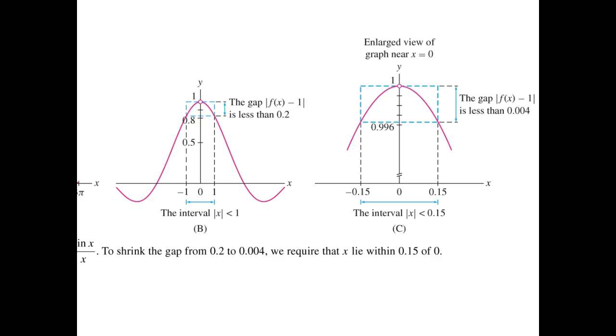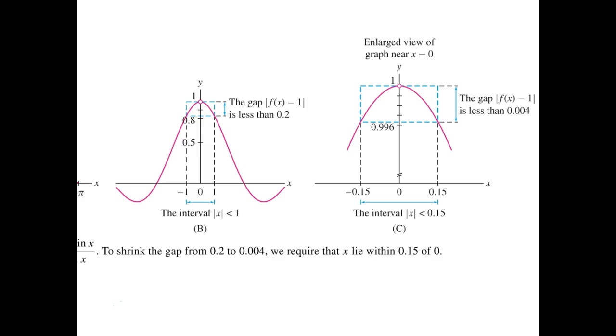So what they're getting at here, if you choose some value here, I want this to be that close to the y value, then if you can find an x value that gets you that close, then you know the limit has to exist. Now, if you kept getting down here, and when you got really, really close, you found out there was a gap there, it's not happening here.